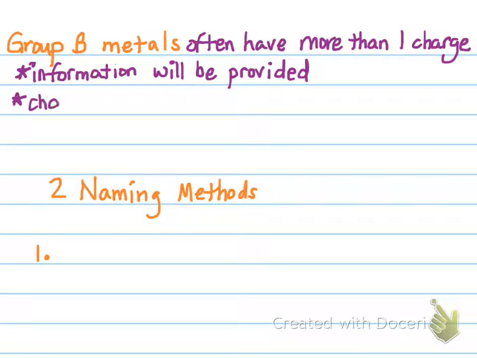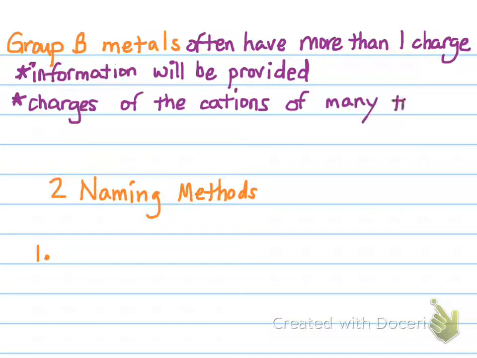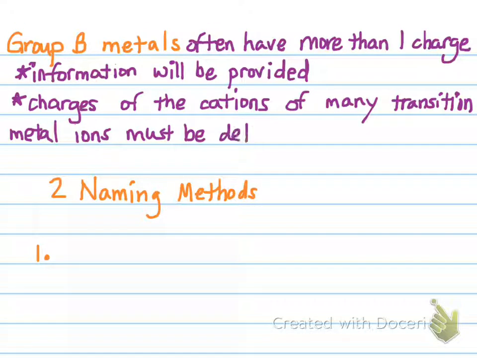The charges of the cations of many transition metals, and again, transition is just the name for the short columns on our periodic table, ions must be determined from the number of electrons lost.